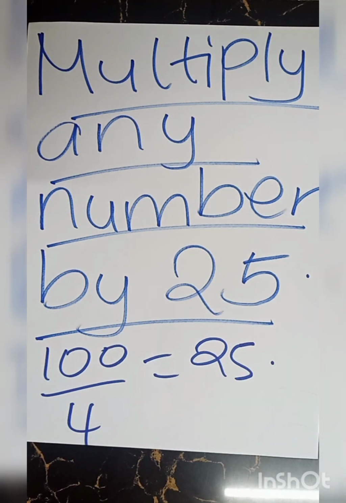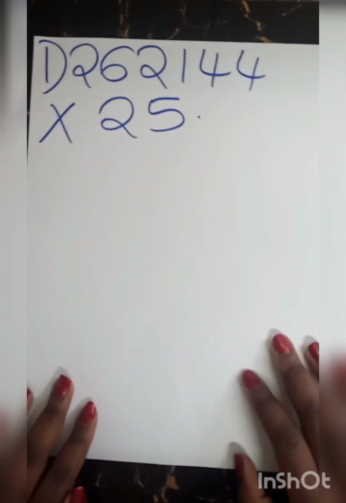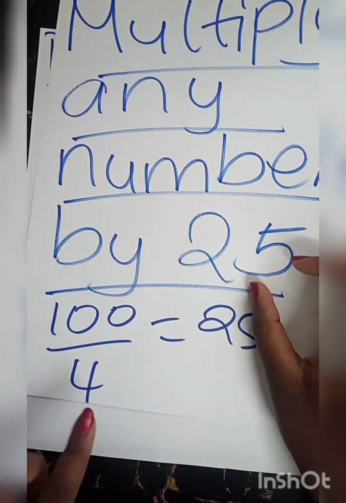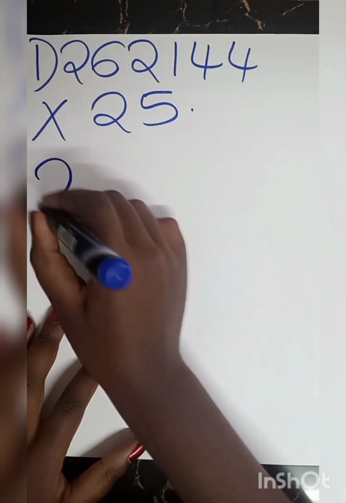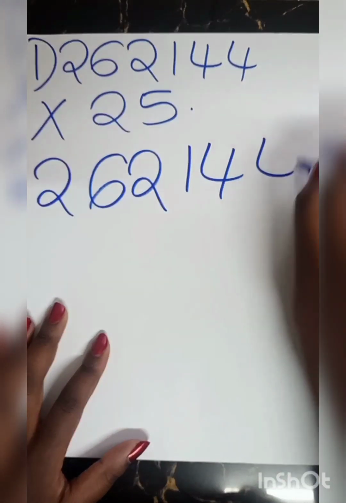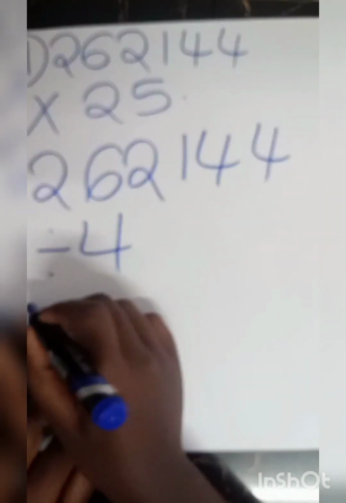Let's look at an example so that you understand what I'm talking about. So if you have a question like this, and you've been asked to multiply this number by 25, what do you do? The first step is to divide this number by 4, because we've established that 25 can be written as 100 divided by 4. Okay, so when we divide this number by 4, what do we get?